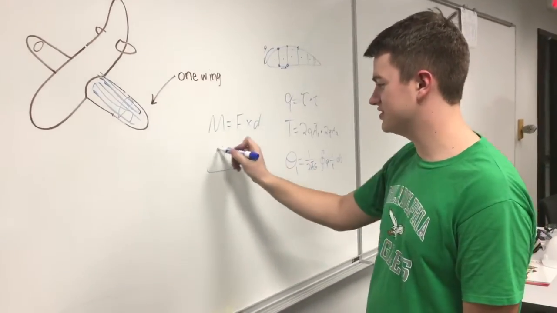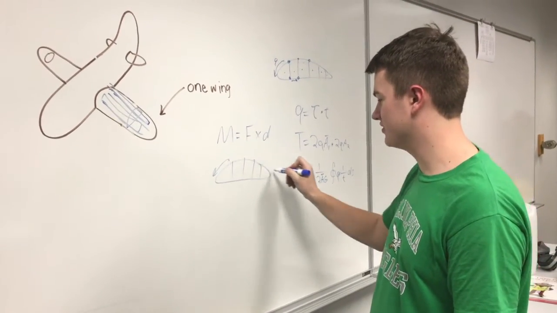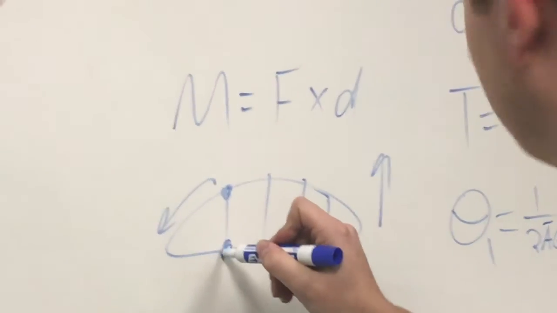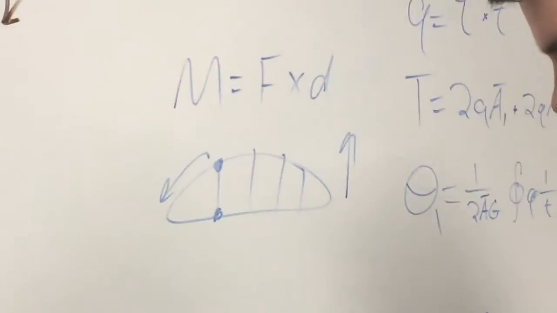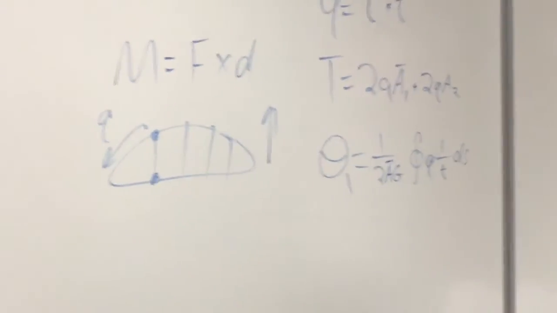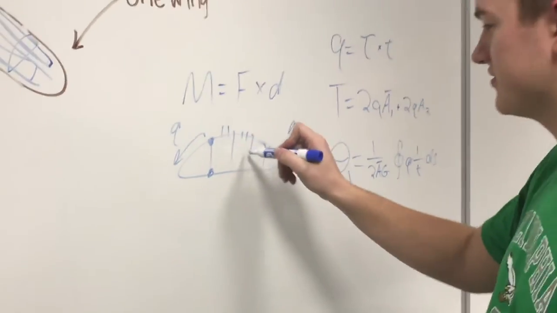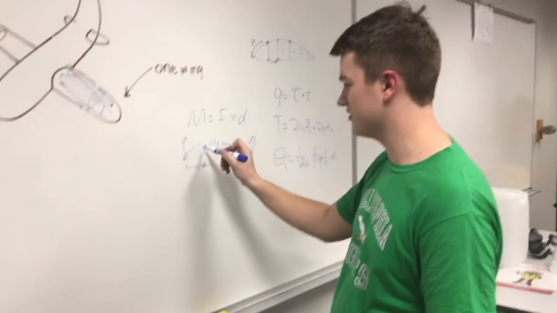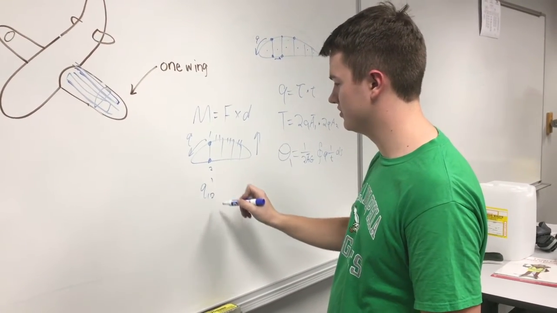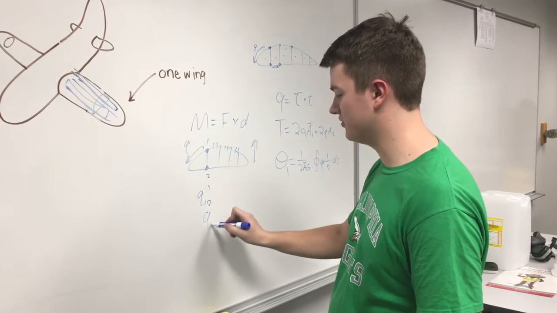Transverse shear. You got shear stresses over here. When you have a bunch of cells acting like this, you can cut those cells. So you're going to solve, this is cell 1, this is cell 2, Q1, Q2 prime, and then you solve for Q naught.